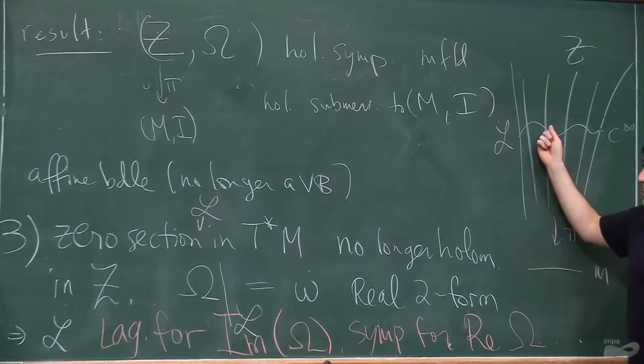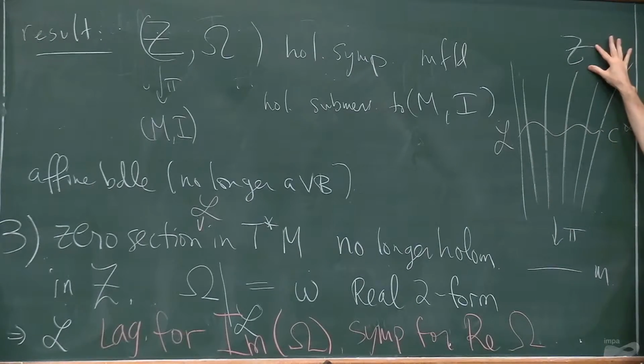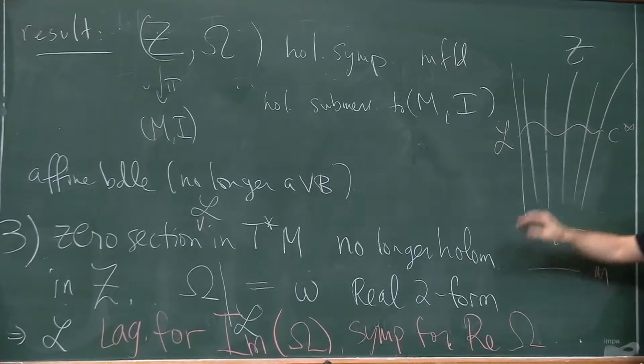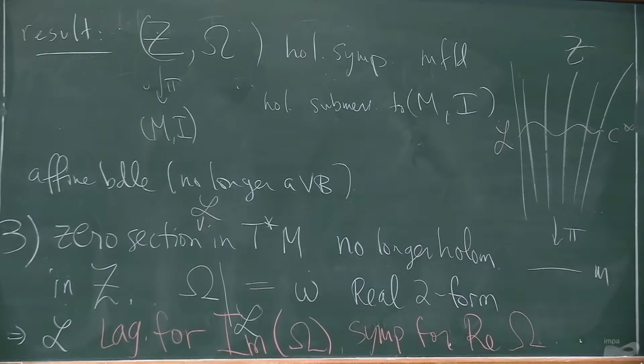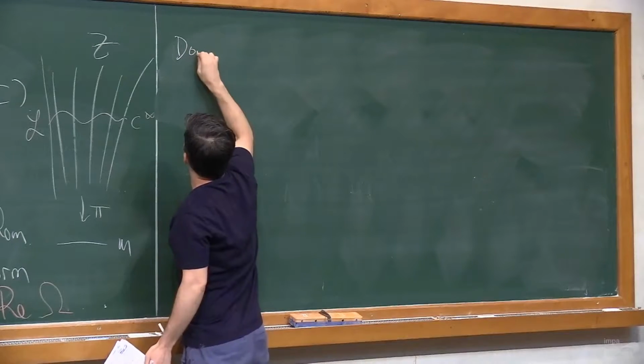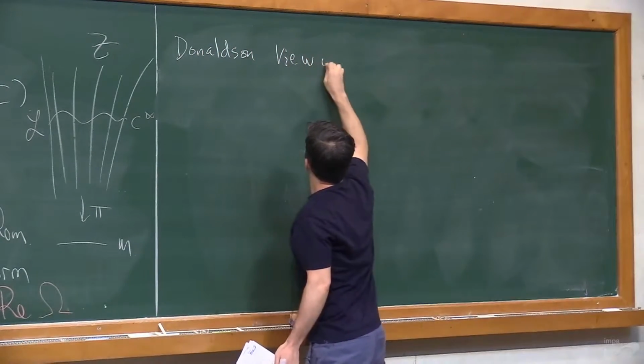But this Lagrangian submanifold is really special because when I take the holomorphic symplectic form and restrict it to it, I get the Kähler form. So this is an alternative way of thinking about Kähler structures. This was Donaldson's view of a Kähler structure.